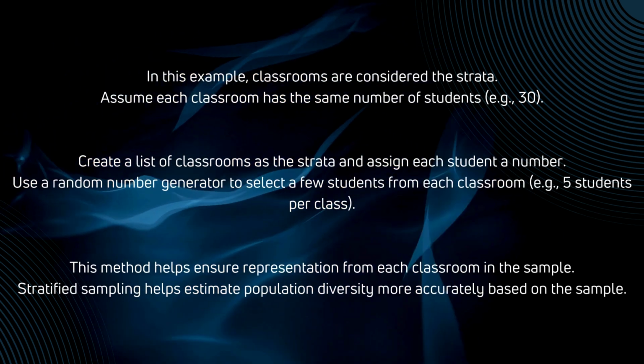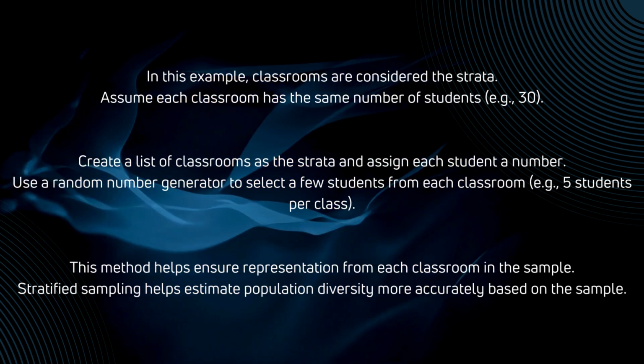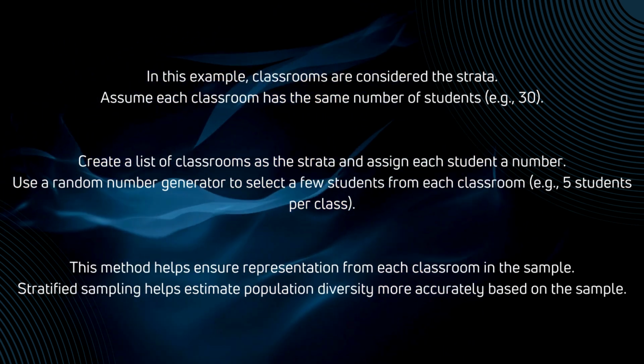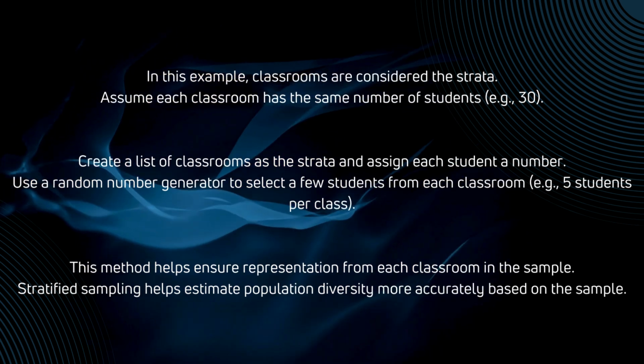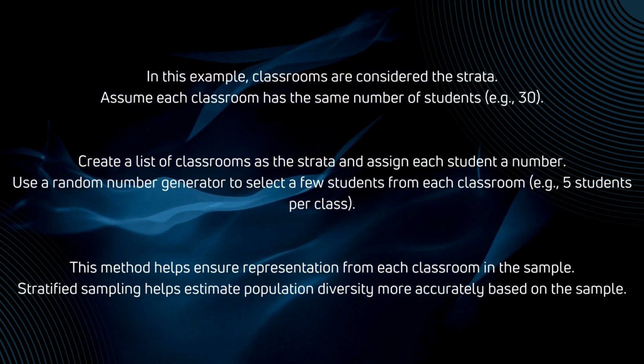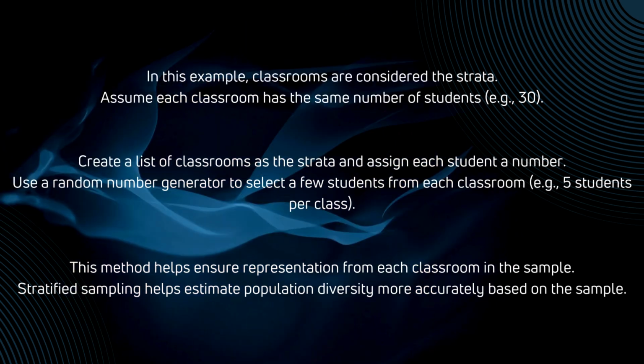So let's look at some ways around this. One method is called stratified sampling, where we divide the population into strata.